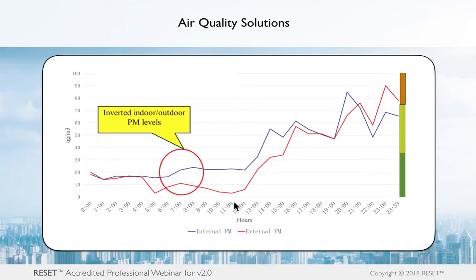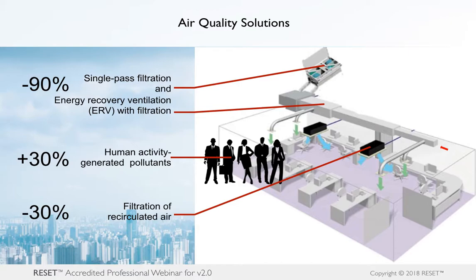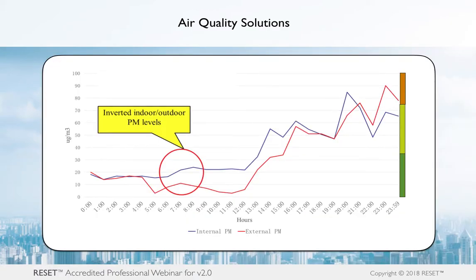The problem with that is that an inverted PM reading is showing that, due to human behaviors or whatever is happening inside the building, your PM levels are actually exceeding even those occurring outside. So when we go back to this idea of human activity generating pollutants and increasing the need for filtration, it's proven through the monitoring that this is obviously a problem, even in places where PM outdoors is at quite low levels.